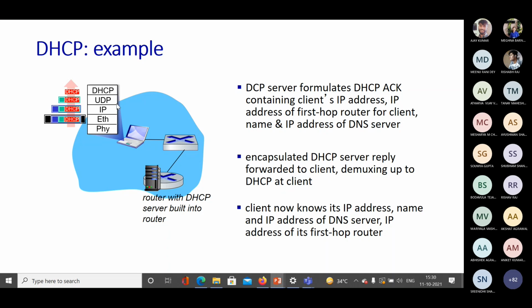Can anybody think of the reason why this is UDP? Does that mean that DHCP works with UDP, or can it work with TCP? Or is it simply an example, which is why it is given as UDP? Think of this answer. Why is it UDP here?